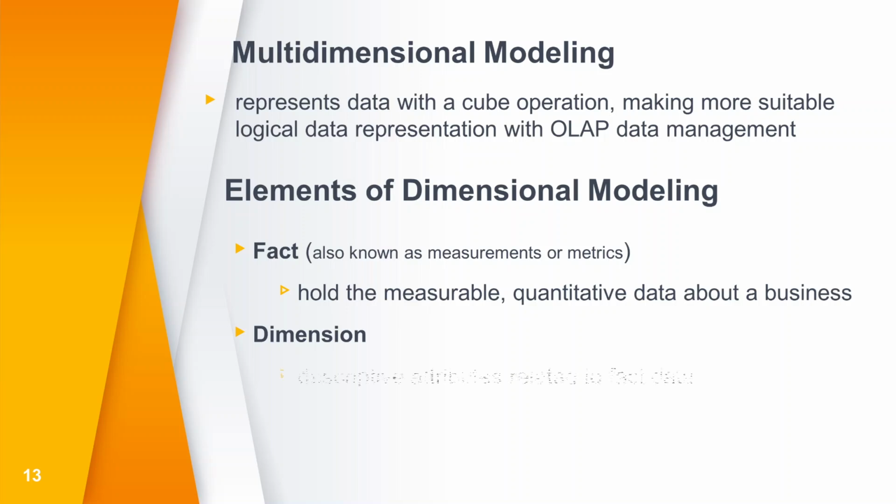Dimensions, on the other hand, are simply descriptive attributes related to fact data. So these are the product colors, the product models, let's say geographic locations, names of students, gender and address, and others. Okay.